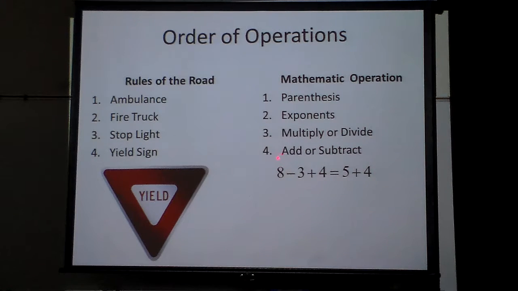Even though we think of my dear Aunt Sally, a lot of people want to add the 3 and 4 first. And if you did, the answer would be wrong because 3 plus 4 is 7 and 8 minus 7 is 1. But because the subtraction is written first, I do it first. It's 8 minus 3, which is 5, and 5 plus 4 is 9. So that's how you do the rules of the road.